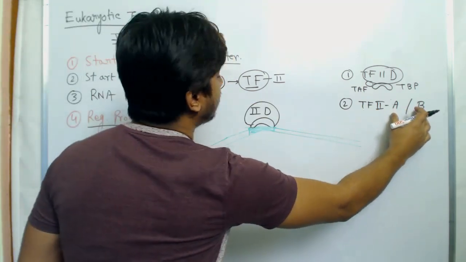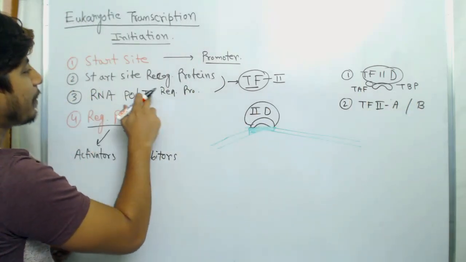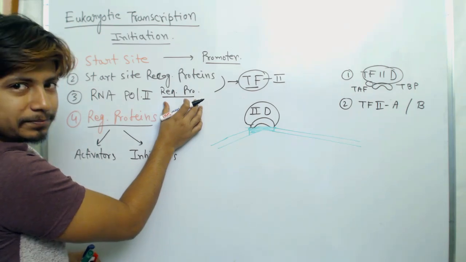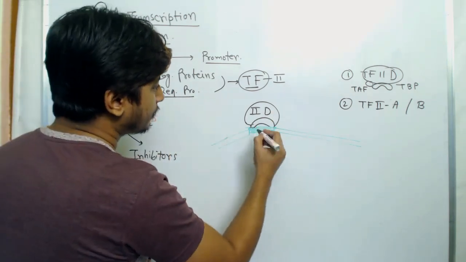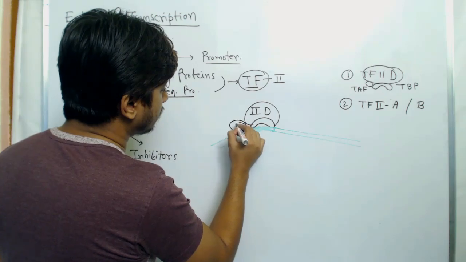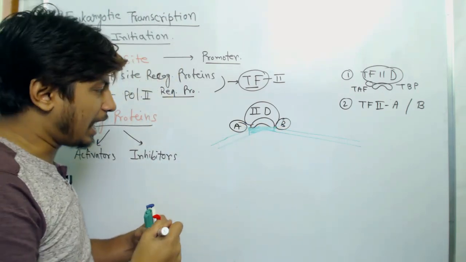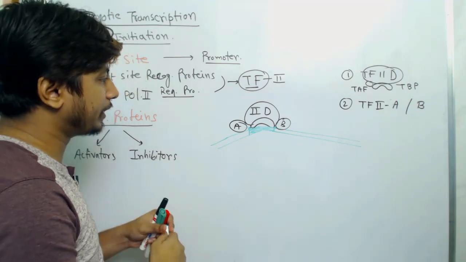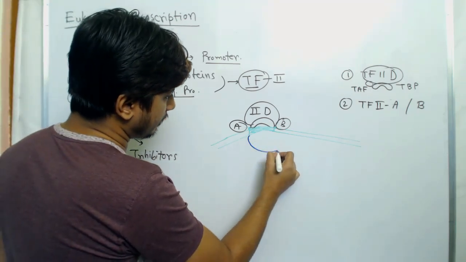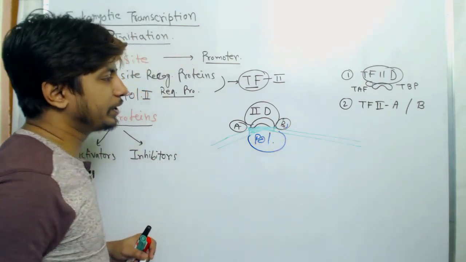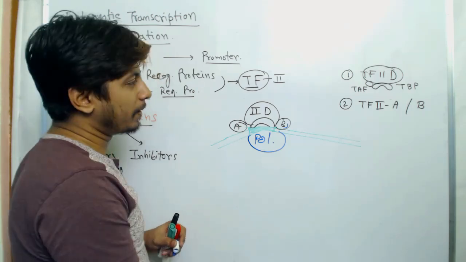So actually transcription factor B is acting as an RNA polymerase recruiting protein. Let's draw this: this is A, this is B, and it will help the RNA polymerase, say this is the RNA polymerase, to be properly recruited to the promoter region.